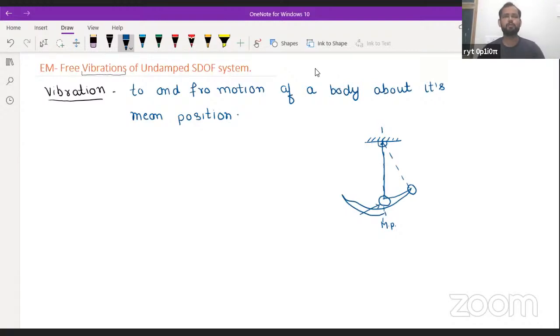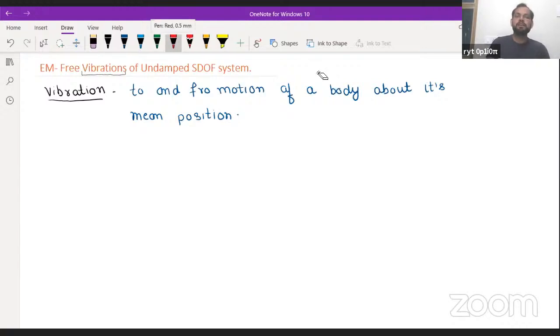Now here we will discuss which type of motion a body performs during vibration. It is very important. During the vibration, a body performs the simple harmonic motion.